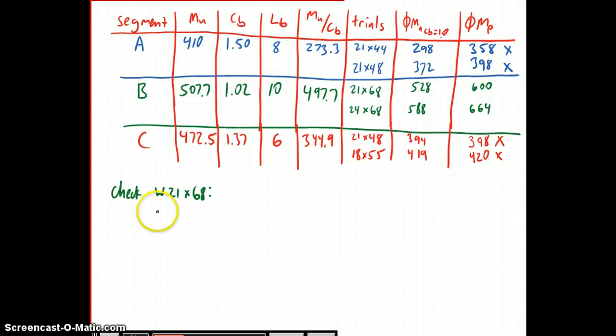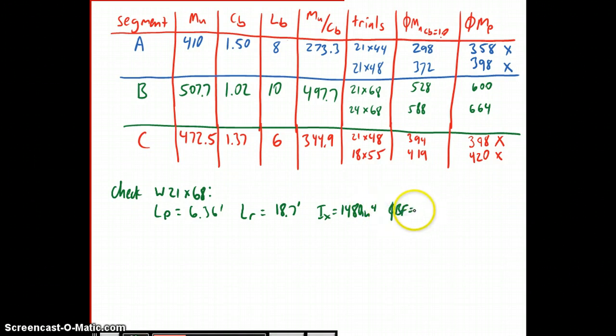So while we're there, we'll copy down L sub P, 6.36 feet, L sub R, which is 18.7 feet, I sub X, which is 1480 inches to the fourth, phi times the bending factor, which is 18.8 kips, and phi V sub n, which is the design shear strength, 272 kips. So we have all the pertinent information we need to know about this trial shape.